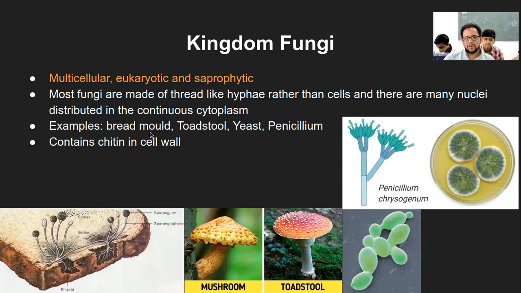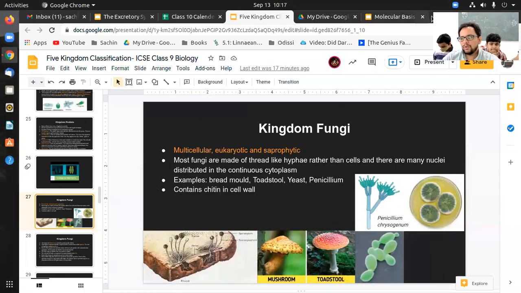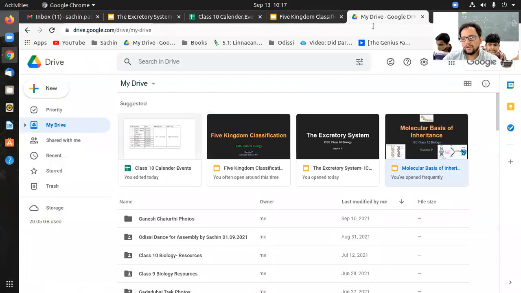Most other eukaryotic organisms contain a cell wall made up of proteins or polysaccharides and so on. But the kingdom fungi has chitin, which is one of the chemical compounds. So let me show you the structure of this chitin molecule.